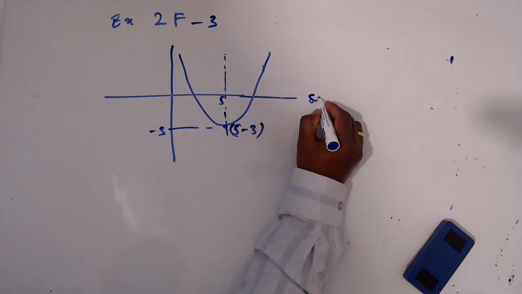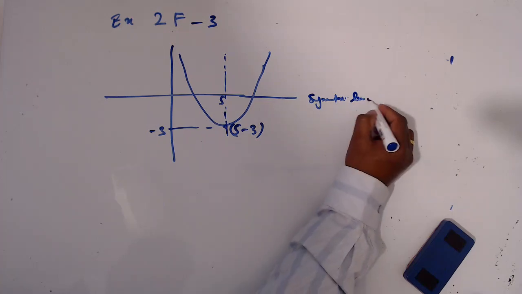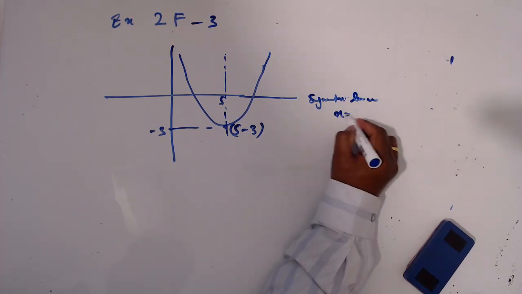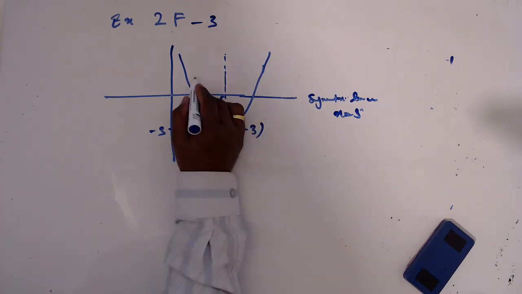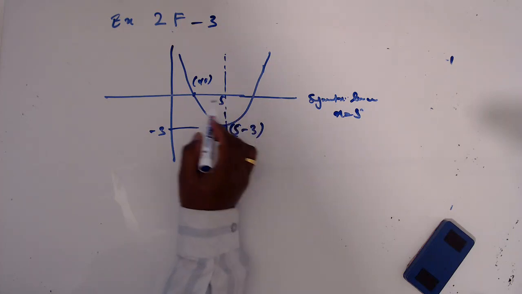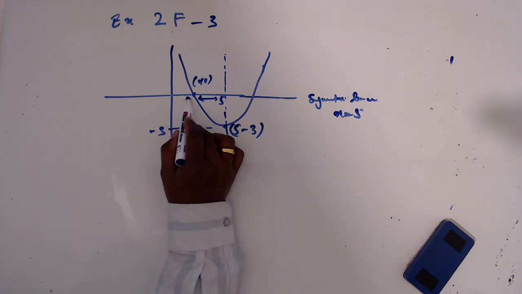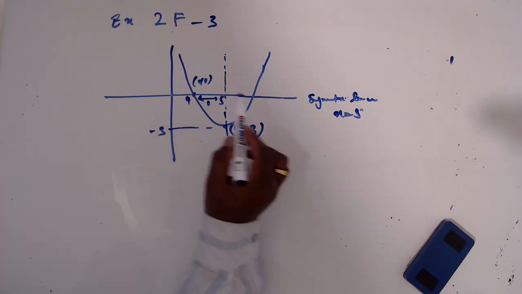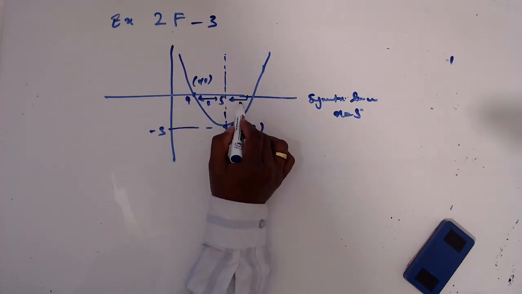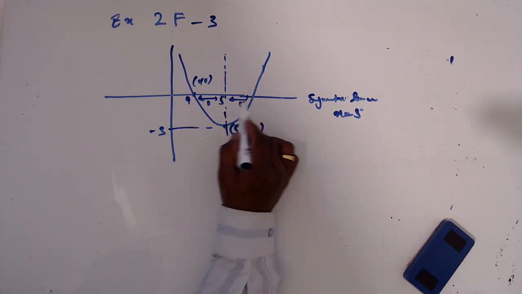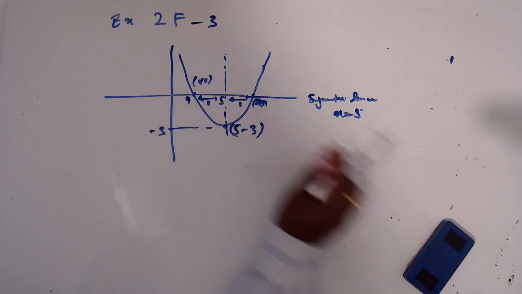So the symmetrical line is x equal 5 and the graph goes through 4, 0. So then from here to here the distance is from 4 to 5, 1. Then the other, since this is symmetric, distance should be 1. Then 5 plus 1 is 6. So this point is going to be 6.